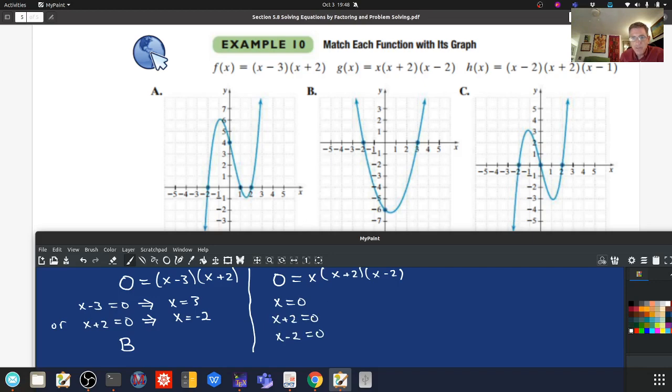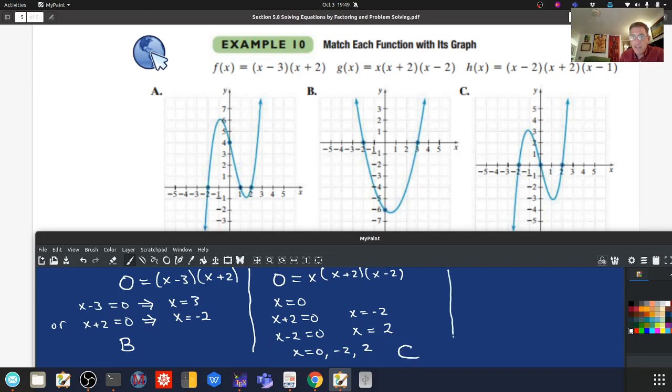So x is equal to 0, or x is equal to minus 2, or x is equal to 2. So this is going to cross the graph at three different places: x equals 0, minus 2, and 2. And the only place that that happens is here. It crosses at 0, 2, and minus 2. So the graph for this one is C.